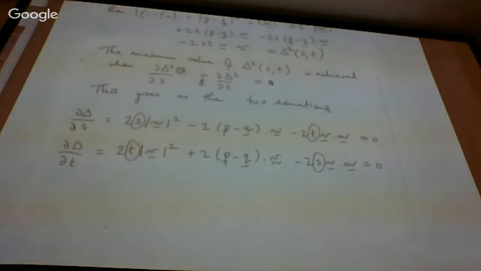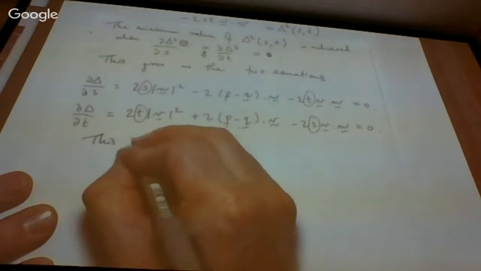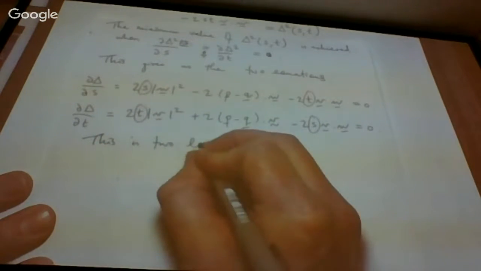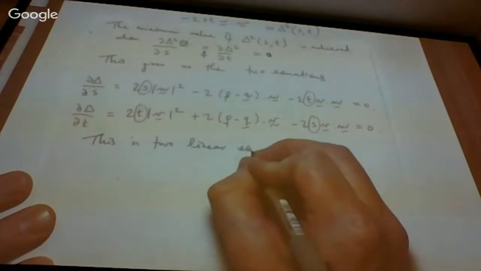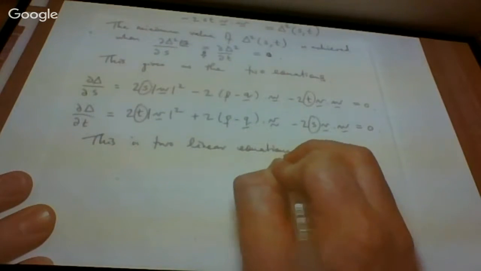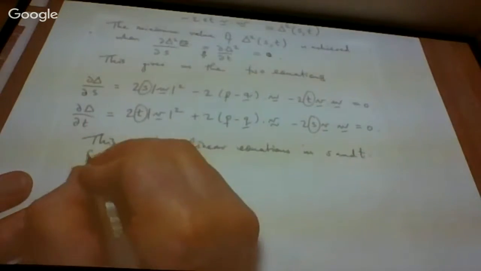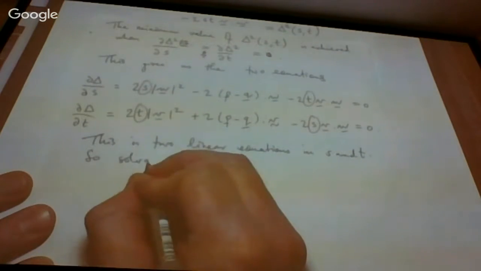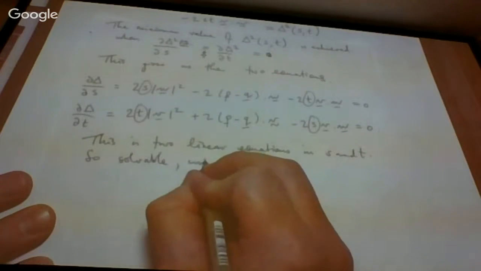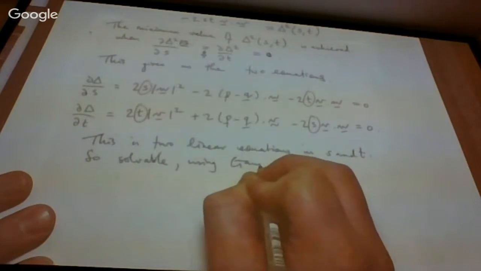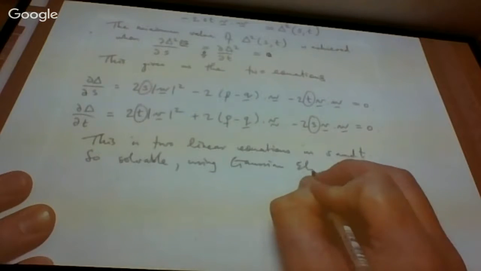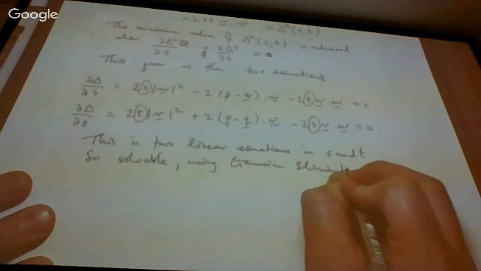So these are two linear equations in s and t, solvable using Gaussian elimination.